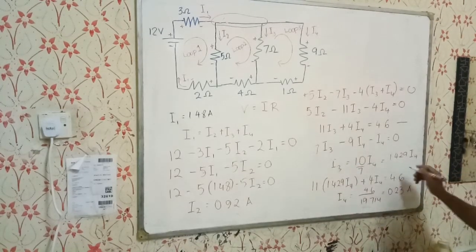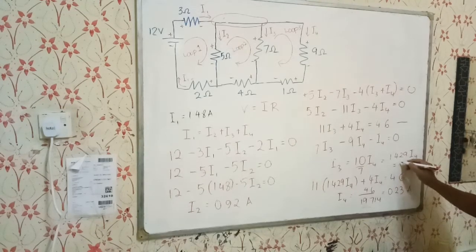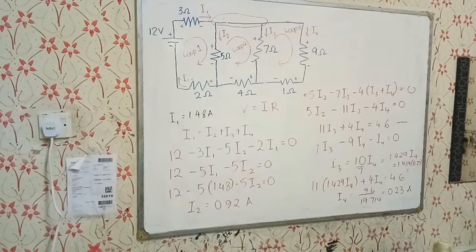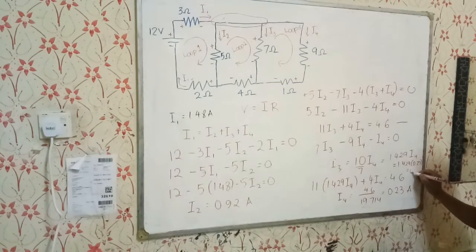So I3 is going to be equal to 1.429 times 0.23. It will be equal to 0.33 ampere.